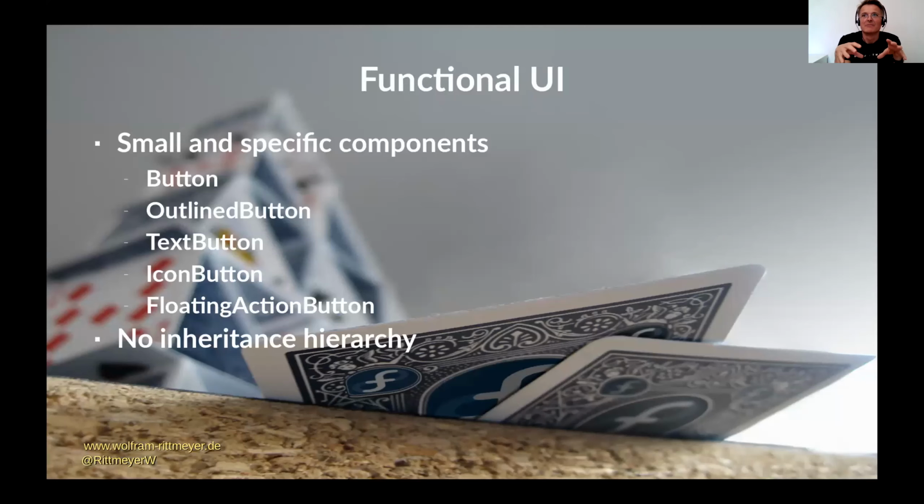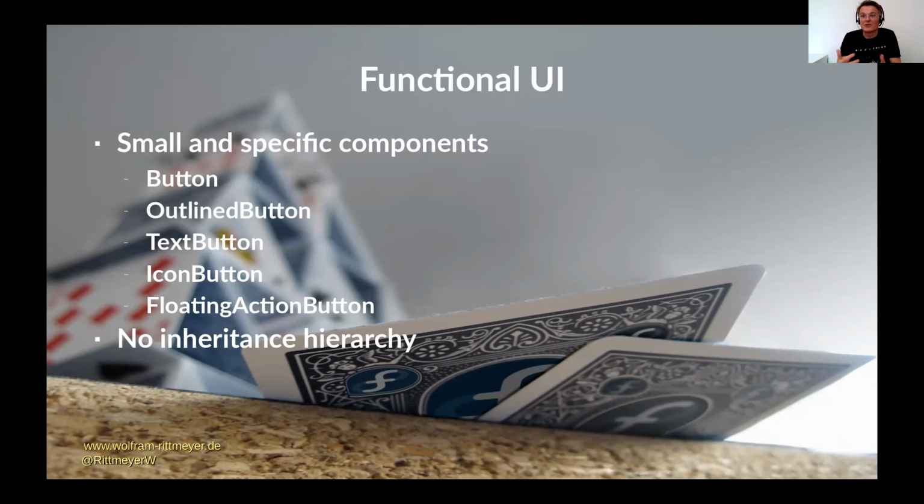And another aim of the Googlers is to make really small and very specific components. You can see this here on the button. You have a normal button with text and some colored background, but you also have other buttons like an outline button, a text button where you only have the text but without the background, an icon button, and of course the floating action button.